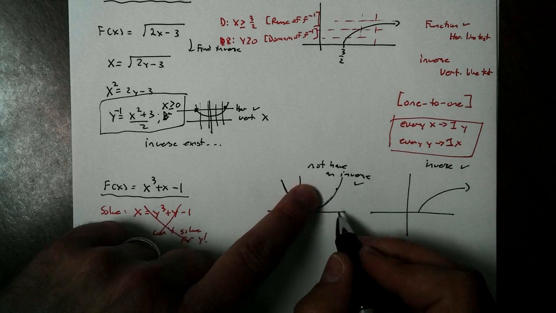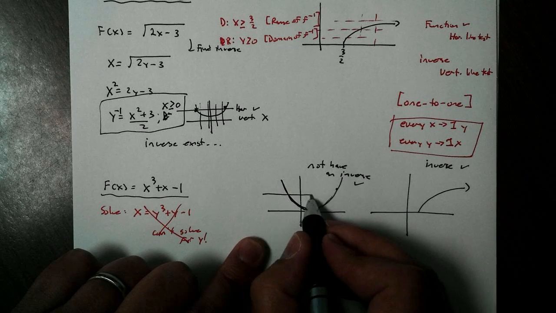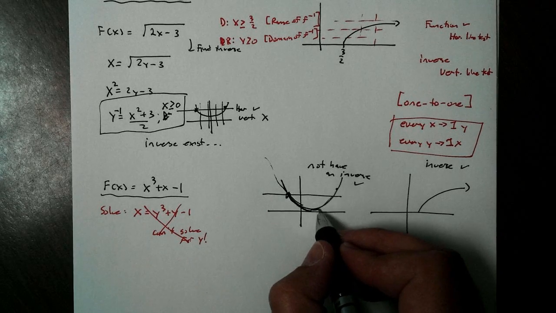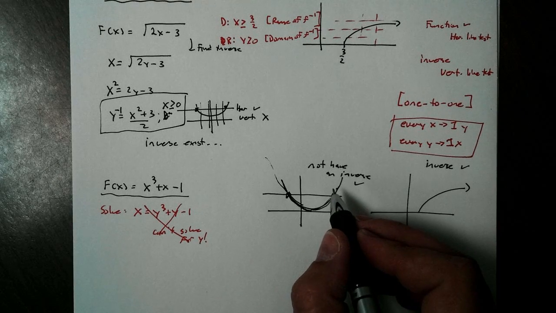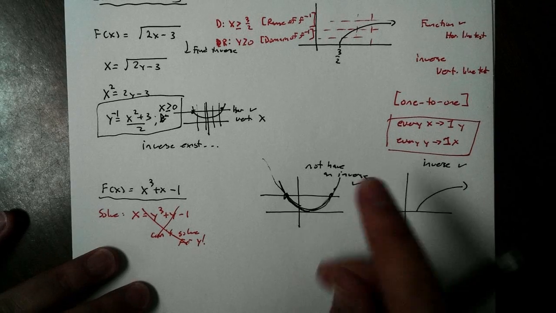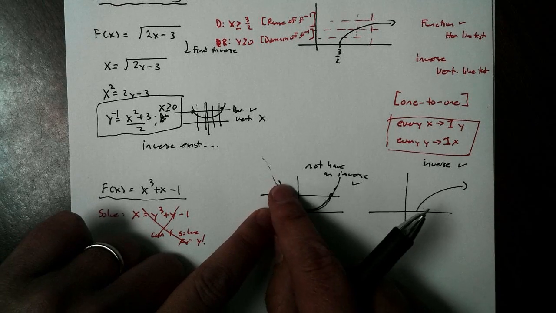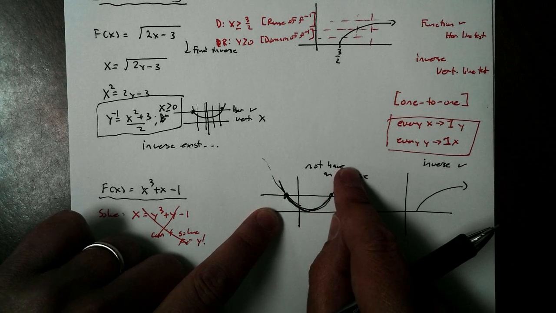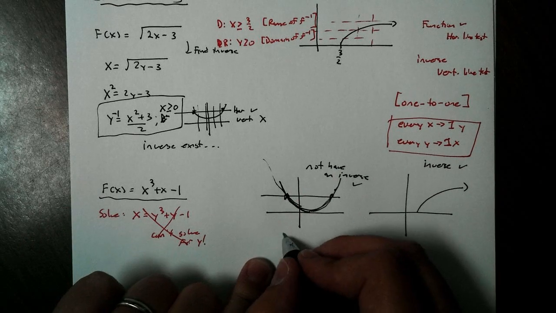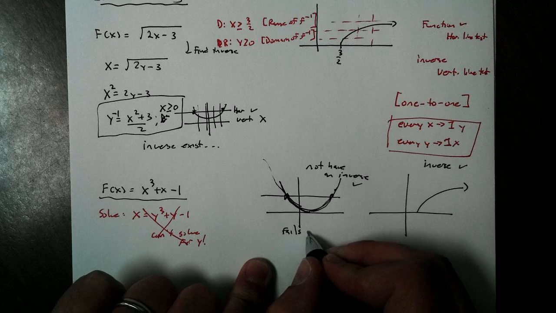This fails the horizontal line test because as the function goes down, afterwards it goes back up. So that's why it fails the horizontal line test, because we're going back up the graph. So there's no inverse here. This fails that horizontal line test.